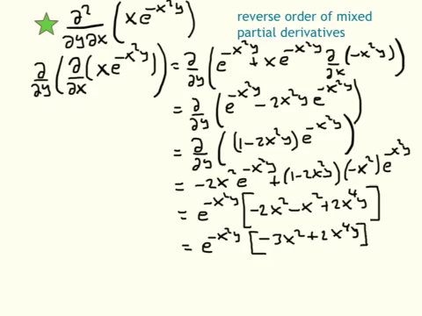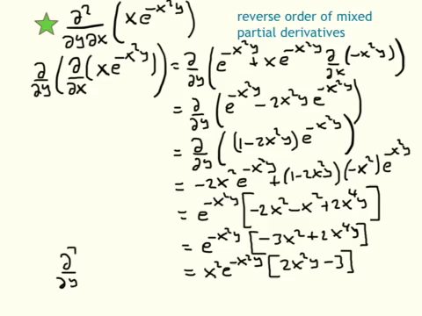We realise here that we can take out a common factor of x squared, so we have x squared e to the minus x squared y, close brackets, and I'm going to write the positive term first, and the positive term is 2x squared y, and then we have minus 3. And this is our result for d by dy of d by dx of x e to the minus x squared y.